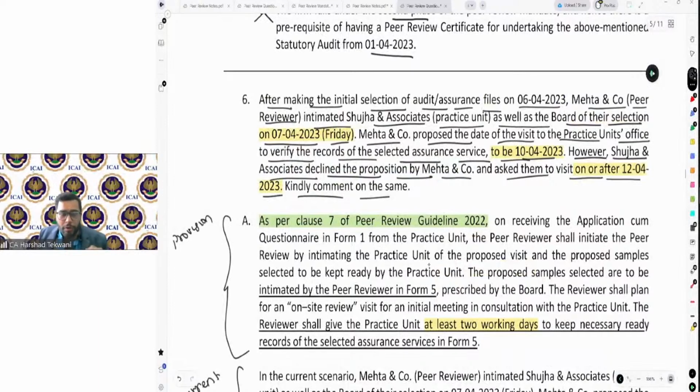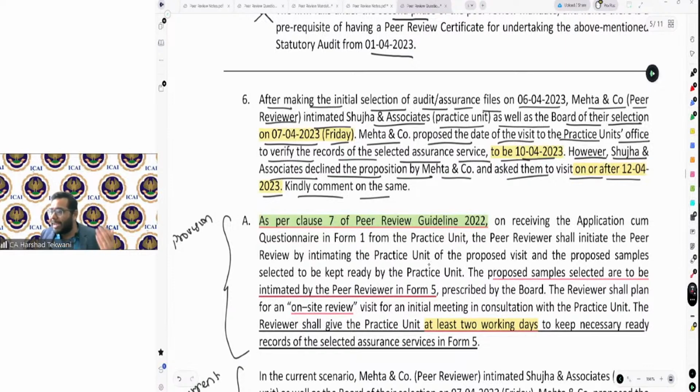Also, very important that when you are answering a question, people think it is necessary to mention the clause number, guidelines, year details. Yes, it is necessary to focus on some important details, like I will highlight in red. See, as per clause 7 of peer review guidelines, proposed samples that are to be selected are intimated by the peer reviewer in form 5. Now, mentioning form 5, mentioning the on-site review, at least 2 working days.